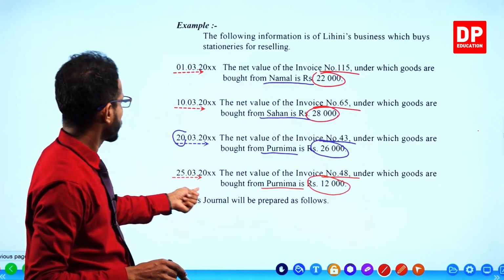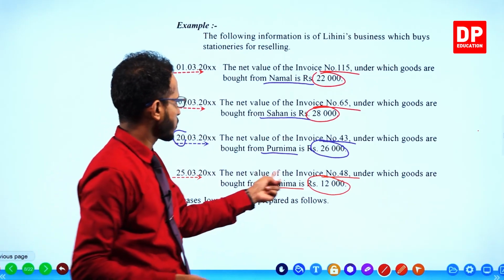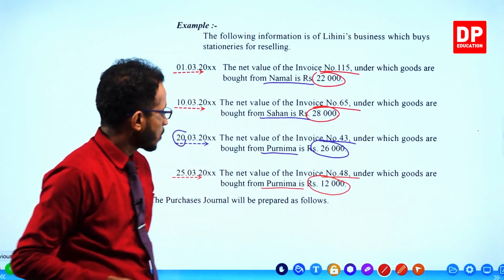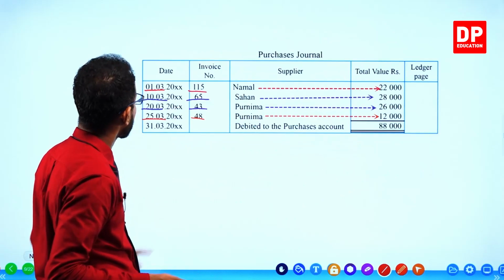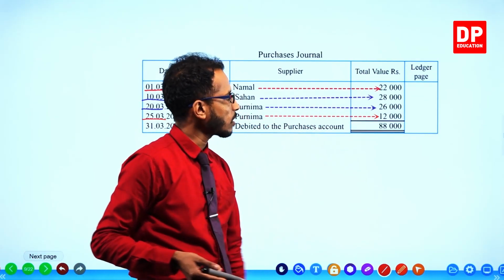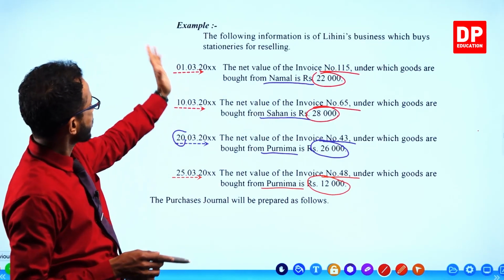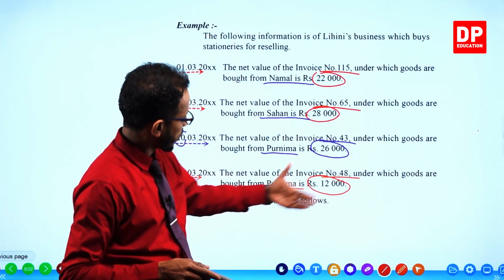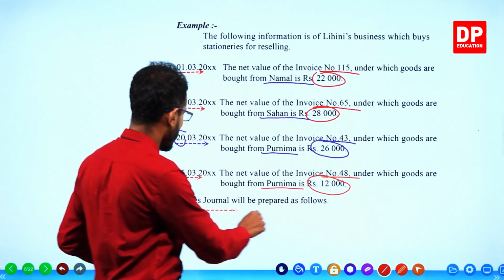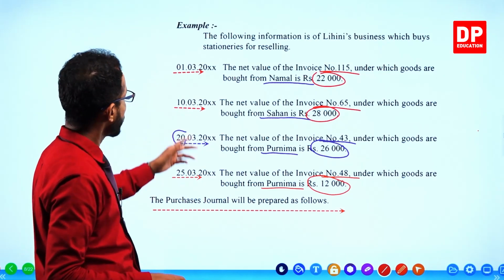25th, net value 12,000 under the invoice number 48 from Purnima, 12,000. At the end of the month, children, because all the purchase transactions are recorded now, the purchases journal will be prepared as follows. It is already prepared.